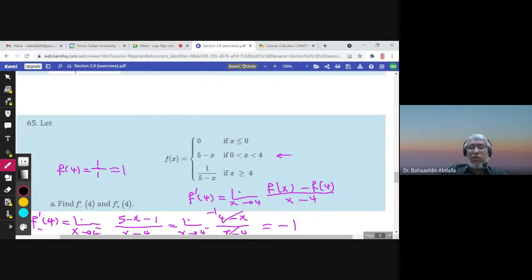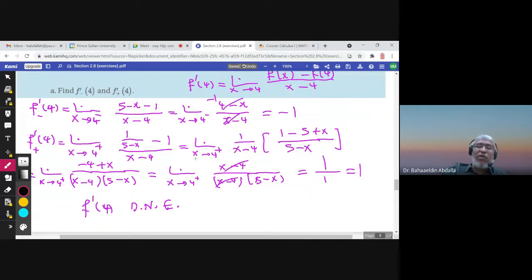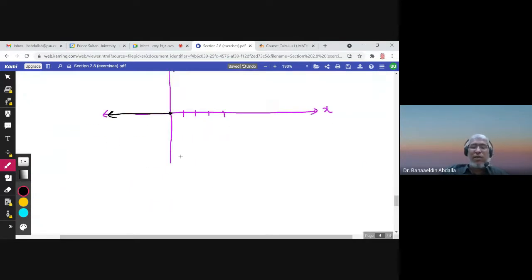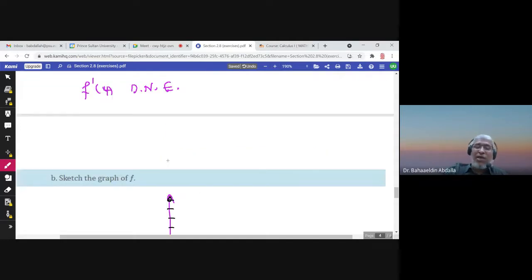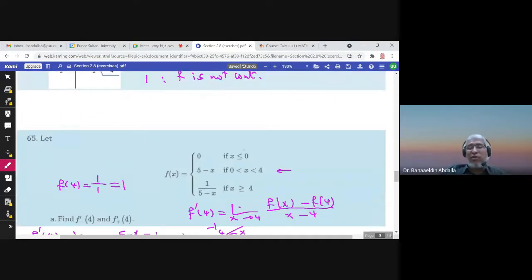Between 0 and 4, we need to graph y equals 5 minus x. It's a straight line, so I replace x with 0, I get 5. And at 0, it is an open circle because we have the closed circle with this part, because the equality is here, not here.